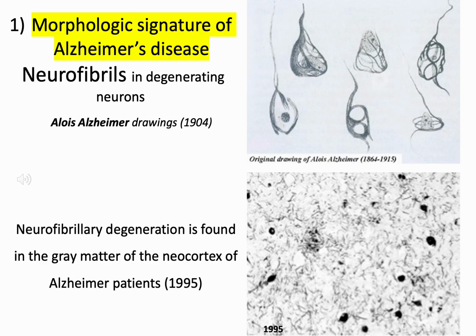Alois Alzheimer's diagrams clearly show the accumulation of fibrils, stained with silver salts, in the cortical neurons of the gray matter of demented patients. Patients who would later be diagnosed with Alzheimer's disease. In the later stages of the disease, all neocortical regions are affected by this neurofibrillary degeneration.